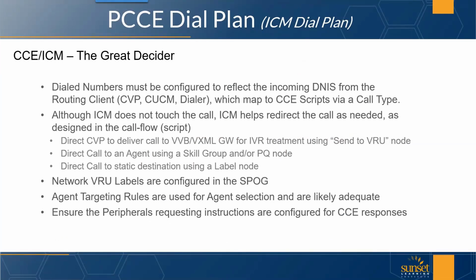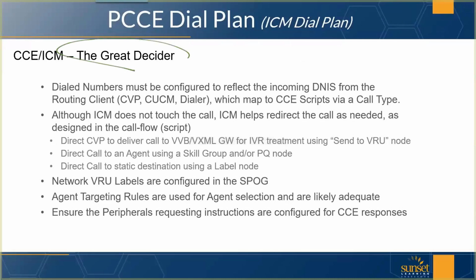So what's in our ICM route plan? ICM, as we've often referred to it in our classes, is the great decider. Every time a route request, which contains the dialed number, comes into ICM, ICM needs to define the appropriate destination for that call.